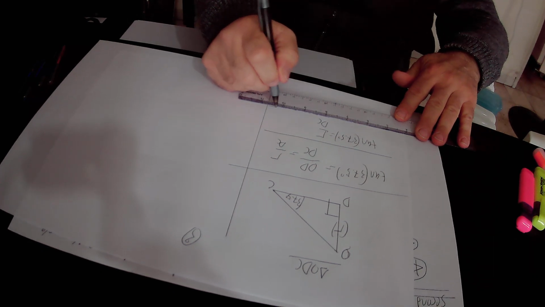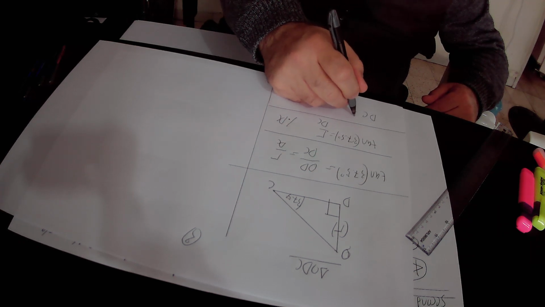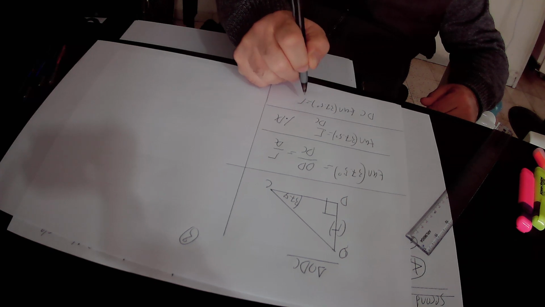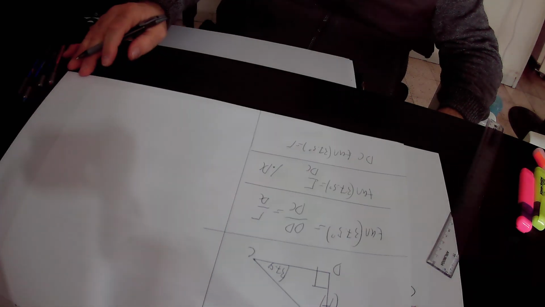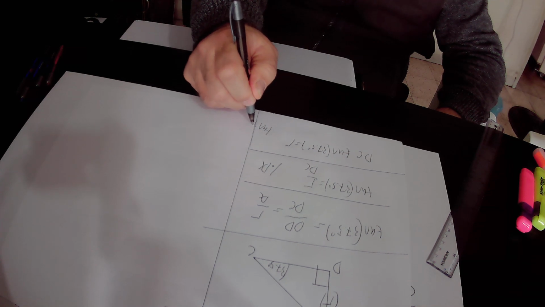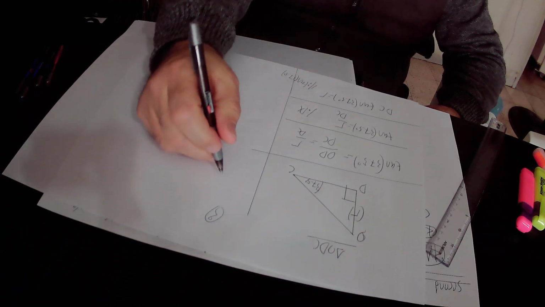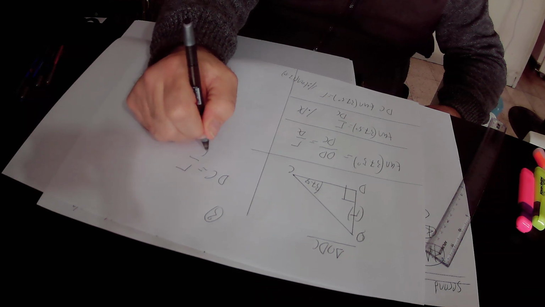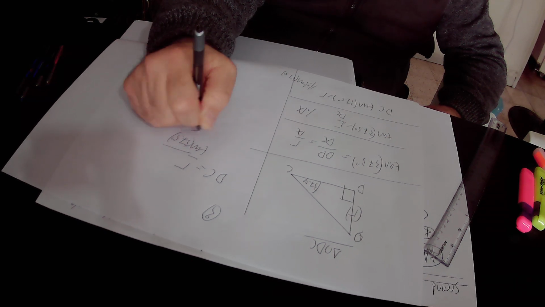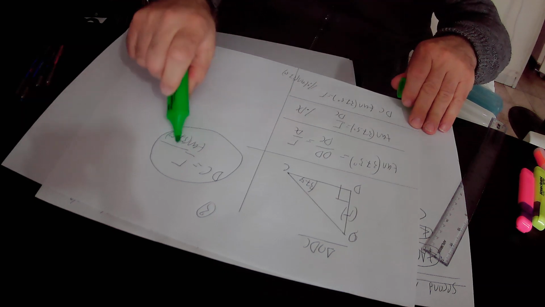Here we'll multiply this equation by DC and we'll get that DC times tangent 37.5 degrees equals R. Here we will divide this equation by tangent 37.5 degrees, and we get that DC equals R over tangent 37.5 degrees.